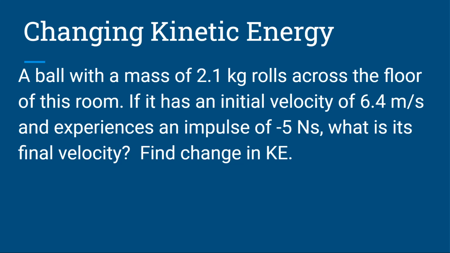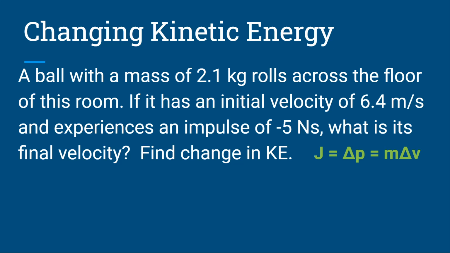So guys, if I look at this question, I have a mass, I have an initial velocity, and I have an impulse. That looks like something I saw last unit. In fact, it looks like this. I know that impulse is equal to change in momentum, which is equal to mass times change in velocity. Therefore, impulse equals mass times change in velocity. That's the information I have, and so that's the equation I'm going to use.